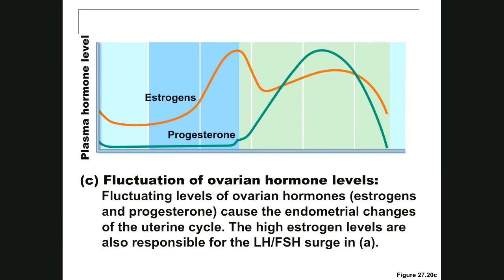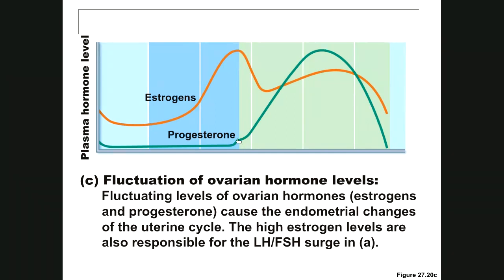In this picture, you can see the fluctuation of ovarian hormones. In the first half of the cycle, as you see here, by growing of the ovarian follicle, the amount of estrogen increases and increases. The highest level of estrogen can promote the secretion of GnRH and LH, and ovulation takes place.